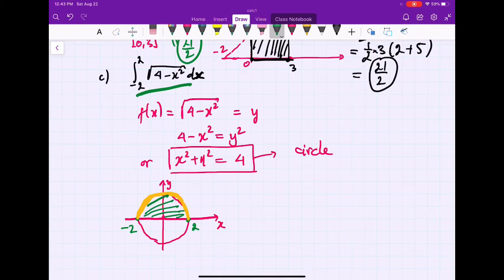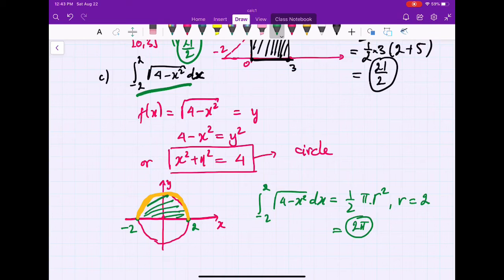So that is just a half of the area of the circle. Right? So I have the definite integral from -2 to 2 of square root of 4 minus x squared dx, which is equal to 1/2 pi r squared when r is 2. So you have 2 pi.